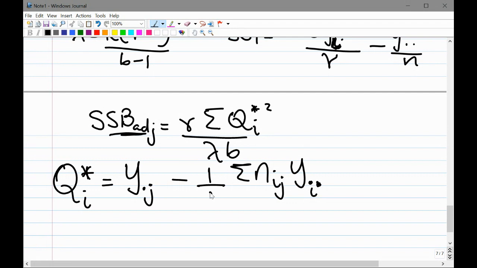Yes, what is the star at the top for? It is to show that this Q is not the same as the other Q, when you're adjusting for the blocks versus for the treatments, just to differentiate the two.